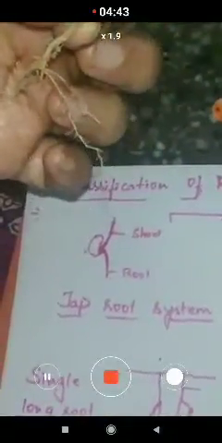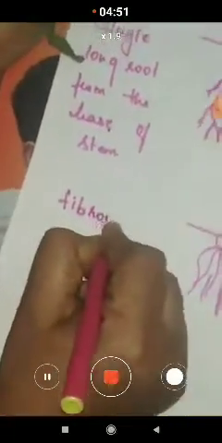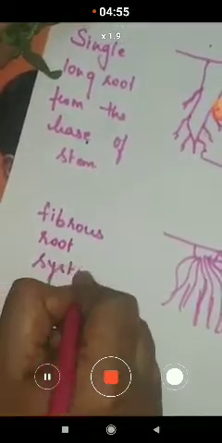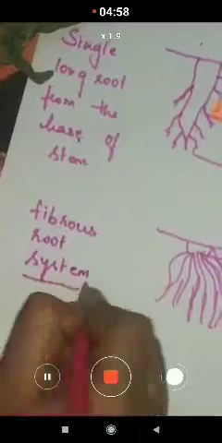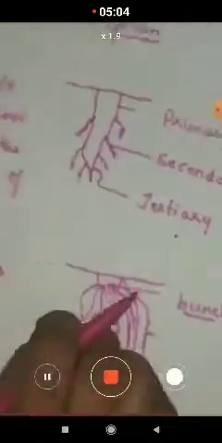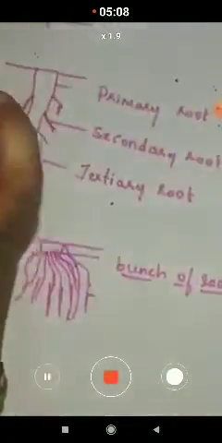When we observe this bunch of roots arising from the base of the stem, we call this the fibrous root system. So I think everyone has understood. A bunch of roots starting from the base of the stem is called the fibrous root system.